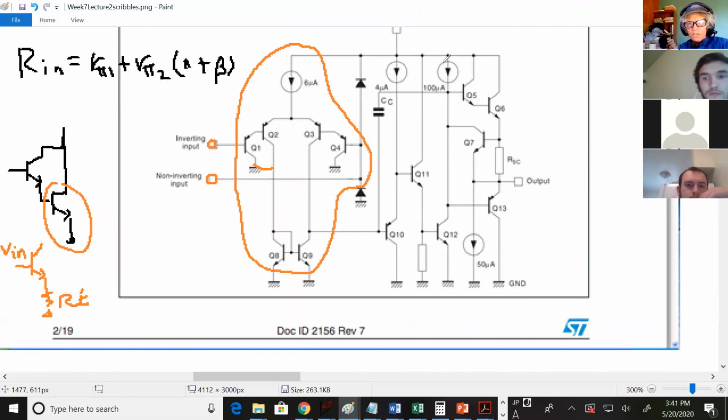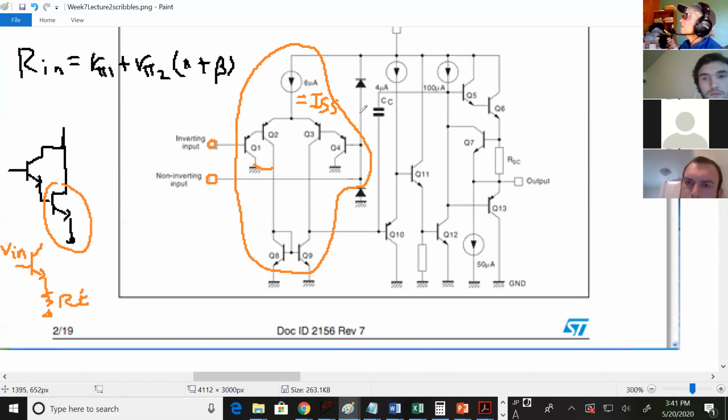If you look at the circuit here, there's 100 microamps going through here, but only 6 microamps going through the tail current source here. So in this case, this is your ISS. Okay.